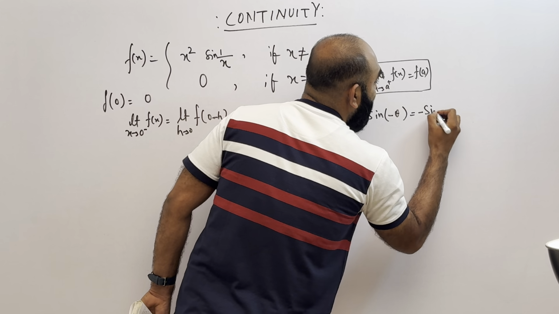And sine of infinity: I told you that for any value of theta, the sine will oscillate between minus 1 and 1. The highest value of sine x is 1 and the minimum value is minus 1.